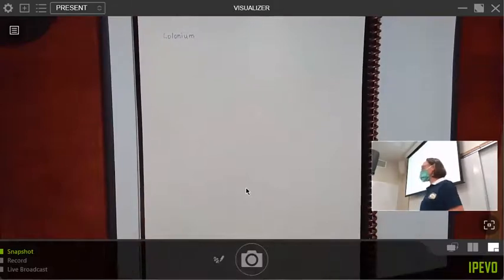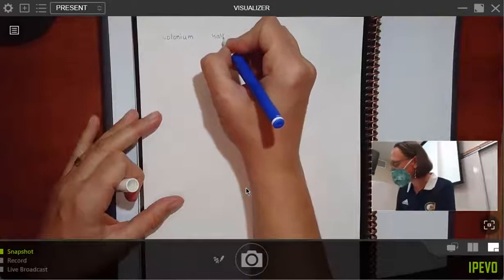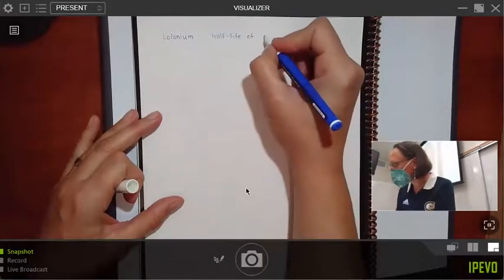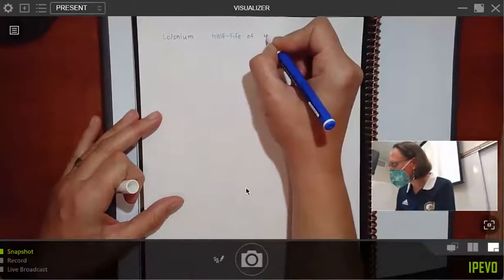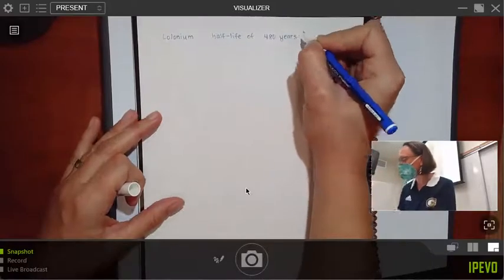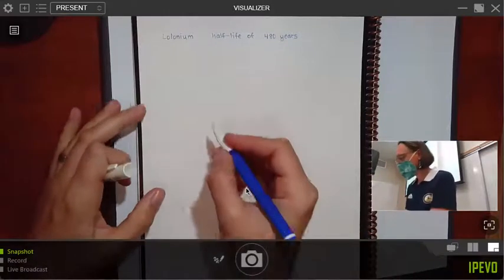So we've got lolonium, and lolonium has a fake half-life of 480 years. My fake element.